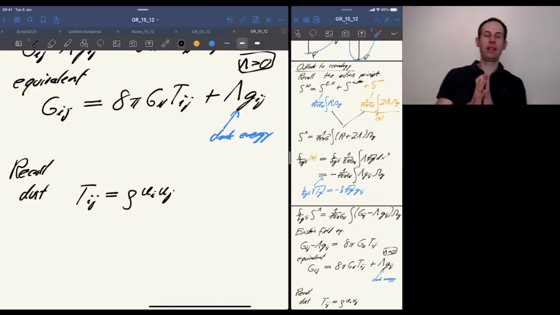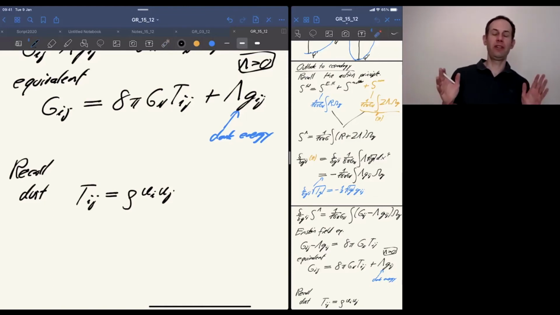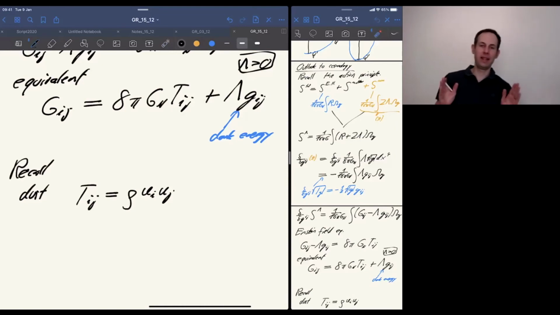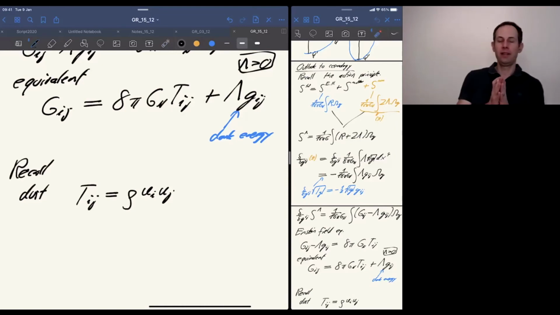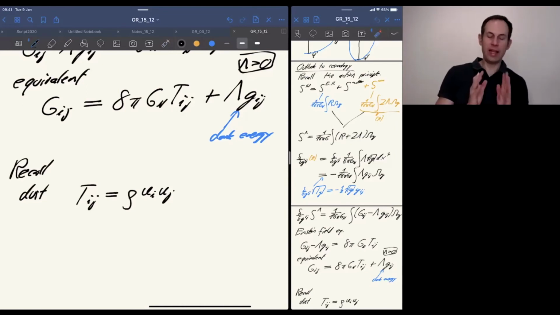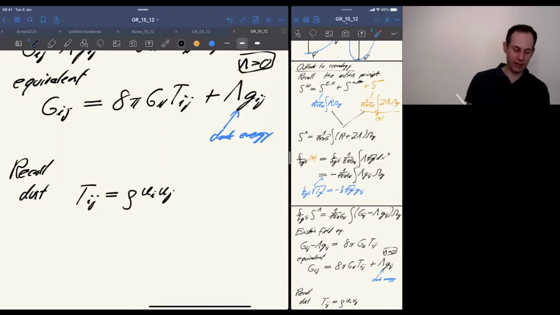So I assume that dust consists of particles which are all moving roughly in the same direction, rho is the density of that dust, and u is that direction in which they are moving in space-time.